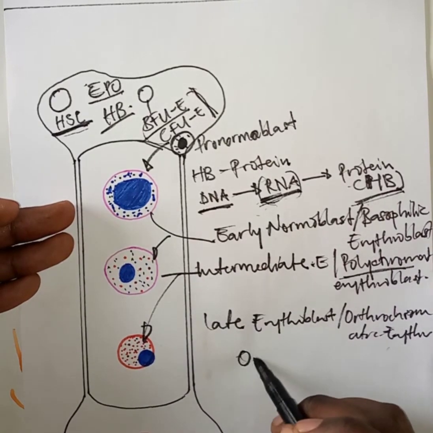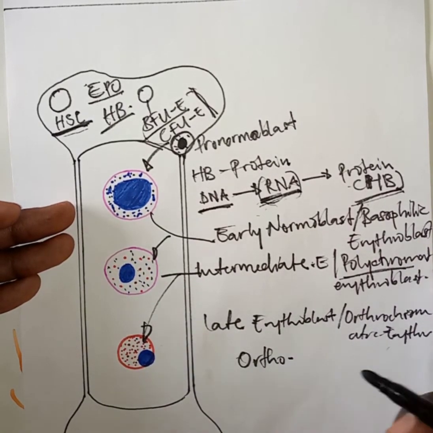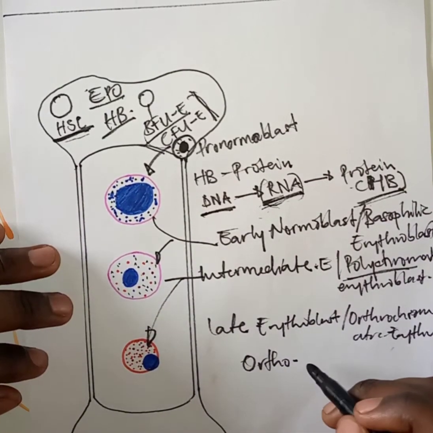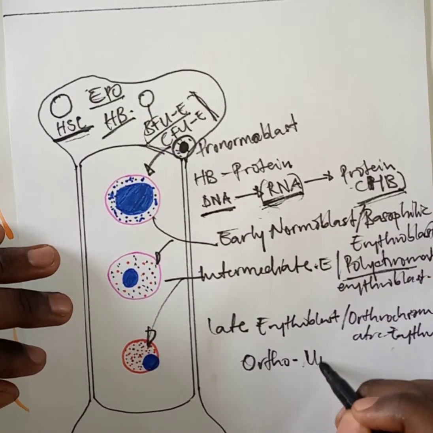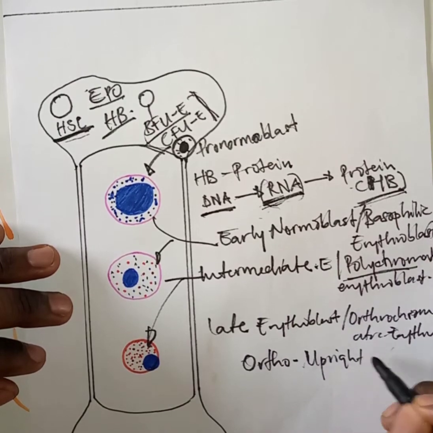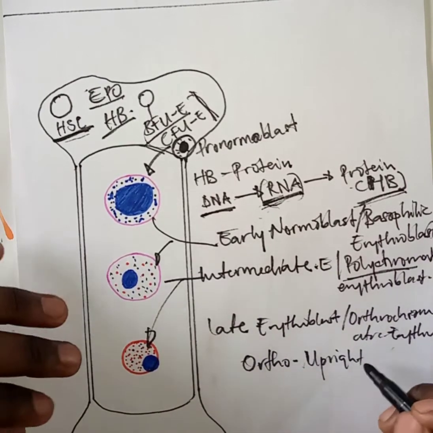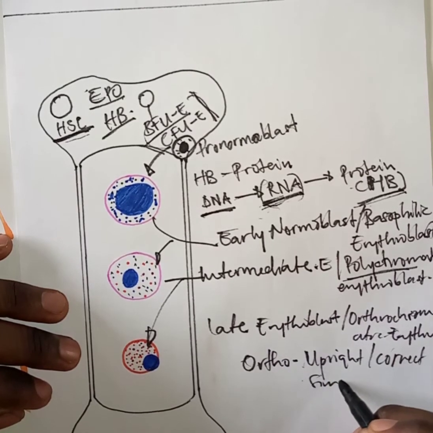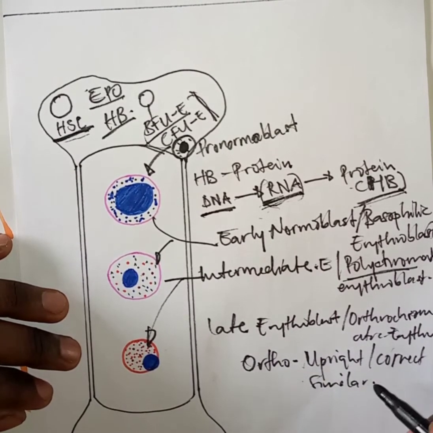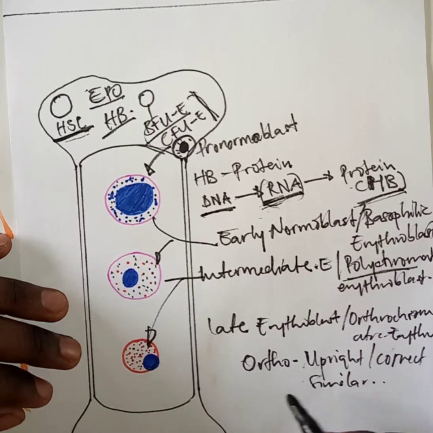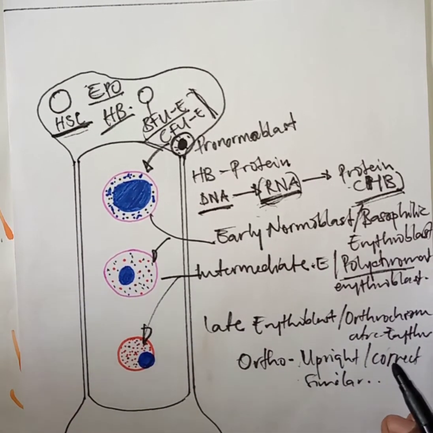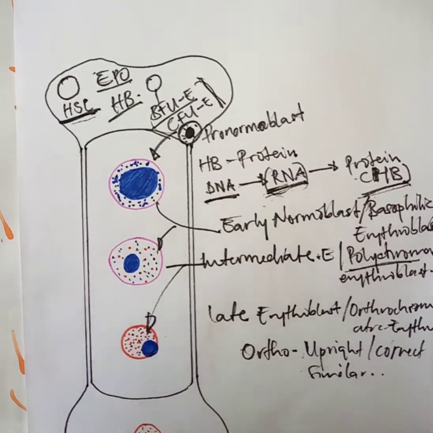Ortho is a term meaning similar, or upright, or correct. Something similar to the normal. So it is orthochromatic because it is almost staining as a mature red blood cell.